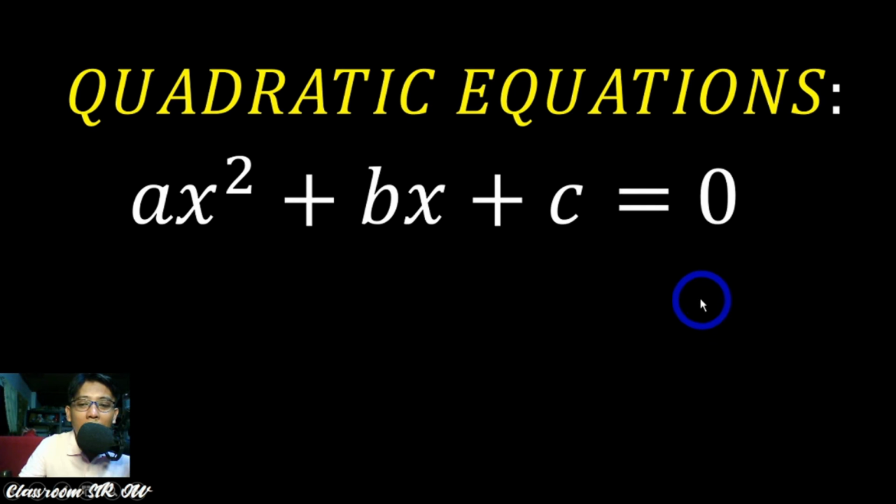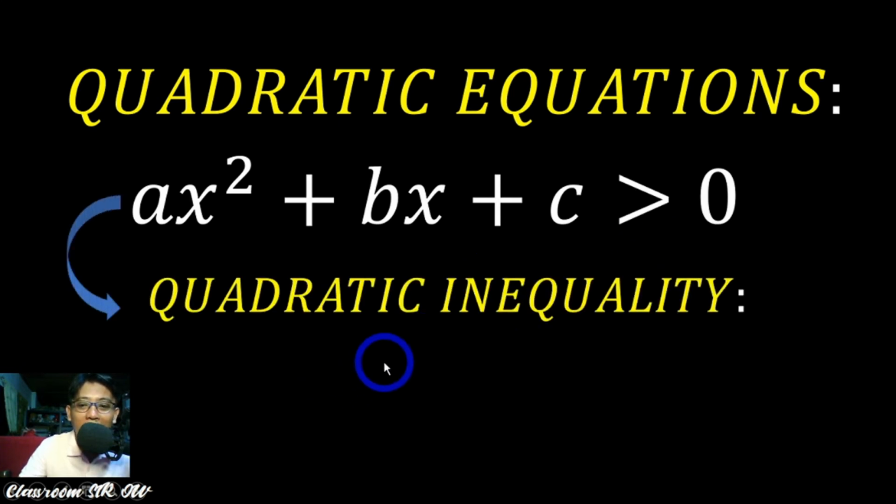Now, quadratic inequality actually, if we replace that equality symbol by greater than, this is now a quadratic inequality. Just like if we replace it with less than, greater than or equal to, or less than or equal to, these are actually quadratic inequalities.